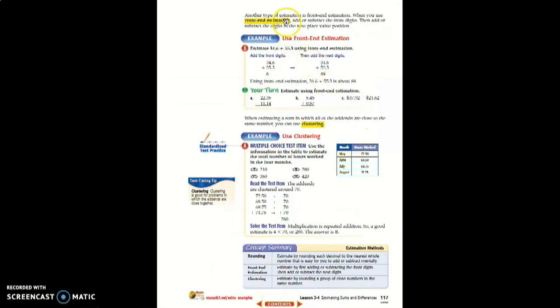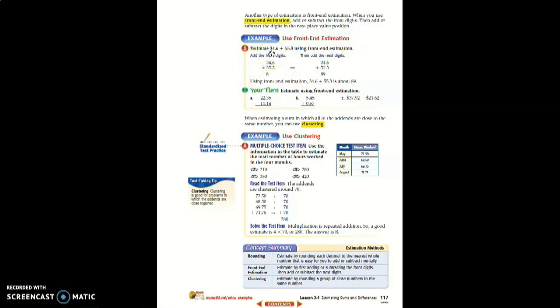Another type of estimation is front-end estimation. When you use front-end estimation, add or subtract the front digits, then add or subtract the digits in the next place value position. Example: use front-end estimation.